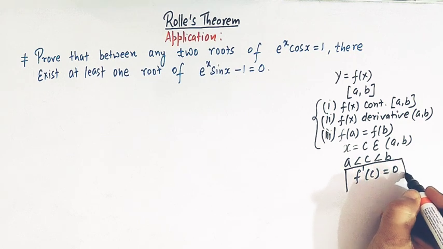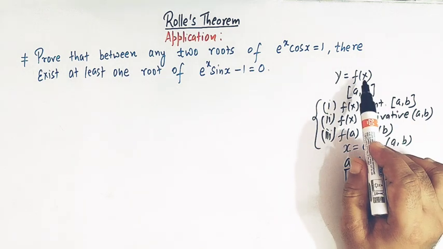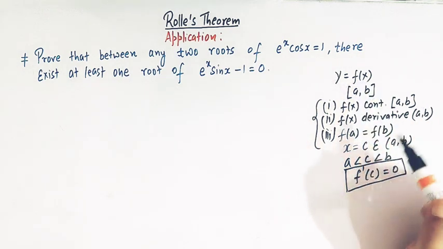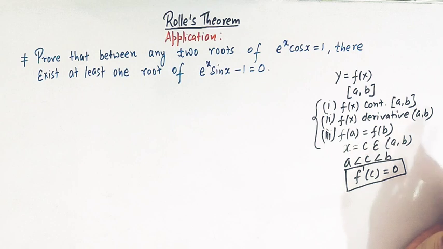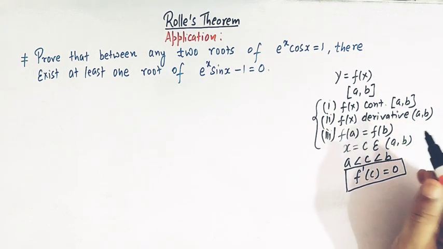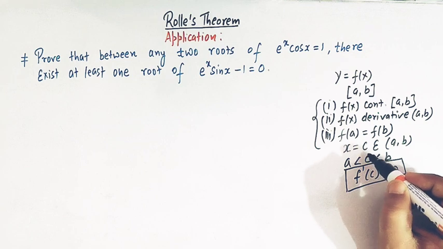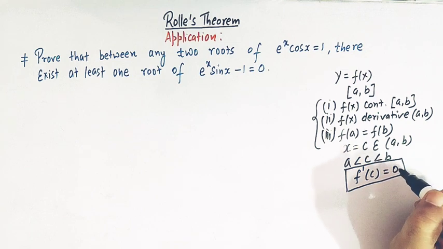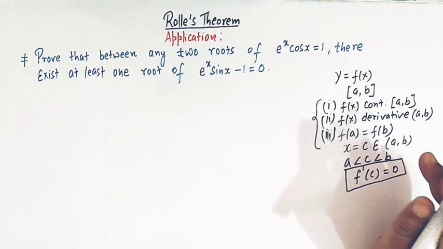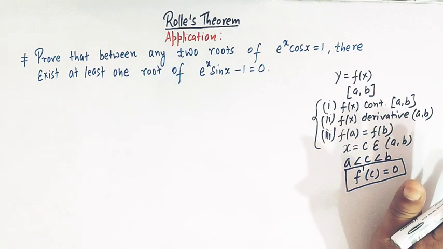It implies that the derivative of this function must vanish at x is equal to c. In other words, the slope of the tangent at this point c is equal to 0, or the tangent is parallel to the x-axis.